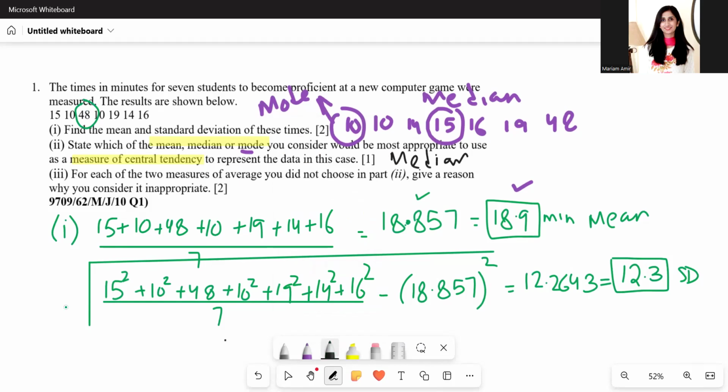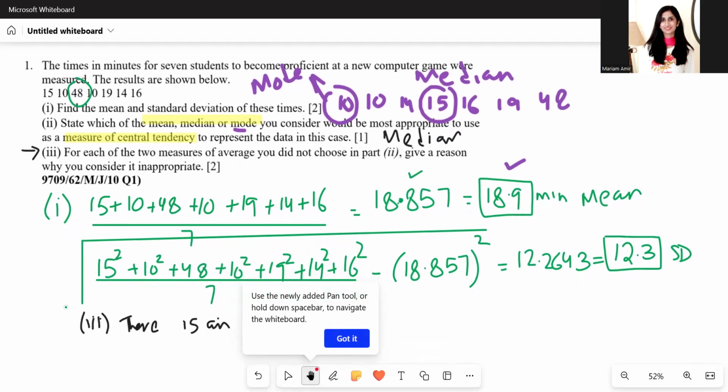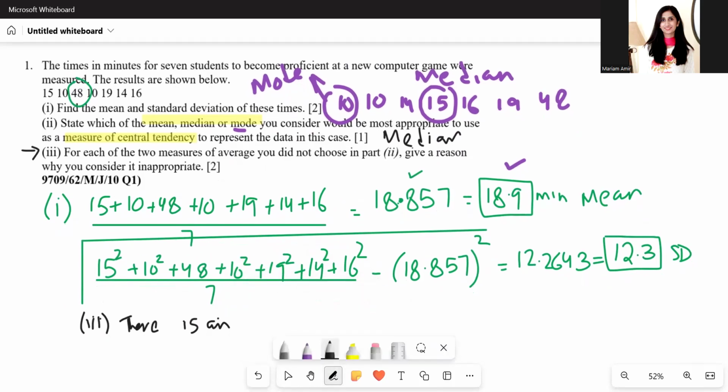And we have already discussed part 3. For each of the two measures of average you did not choose in part 2, give a reason. So the answer for part 3 is: there is an outlier in the data, so the mean is not suitable. You can also write extreme value. In this case, the outlier is 48 minutes.